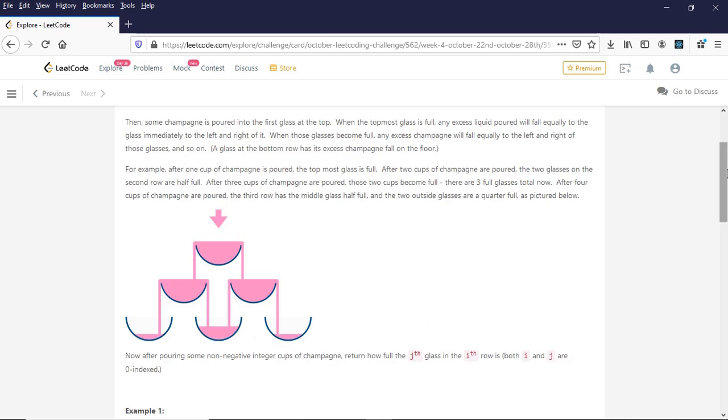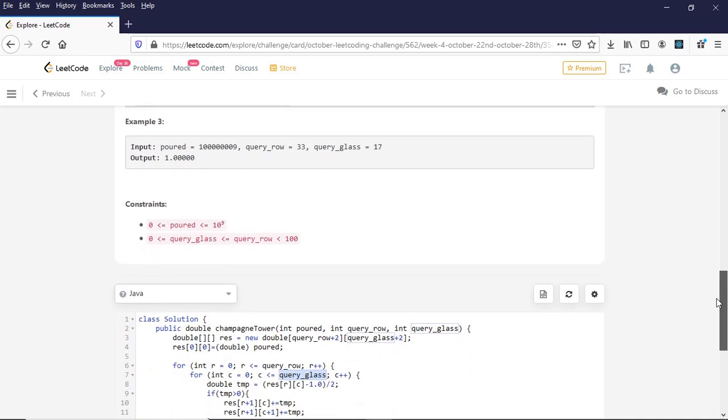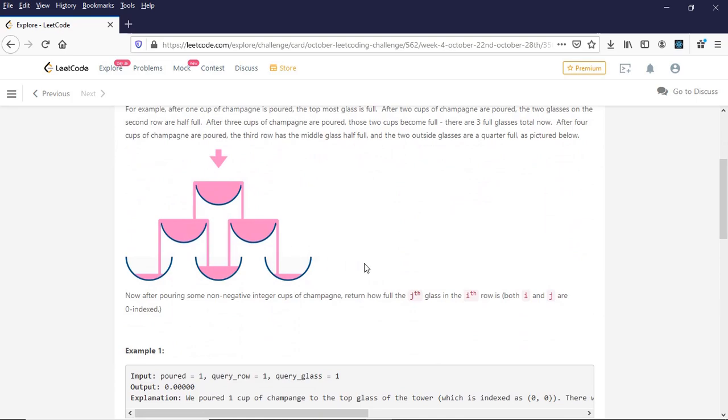So if we are checking for only the third column, let's say in the 30th row, even though the 30th row may have 30 glasses, we are not going over all of them. We are only going over the 3 columns, because the value in those columns will come from the above rows, and only from that particular column.